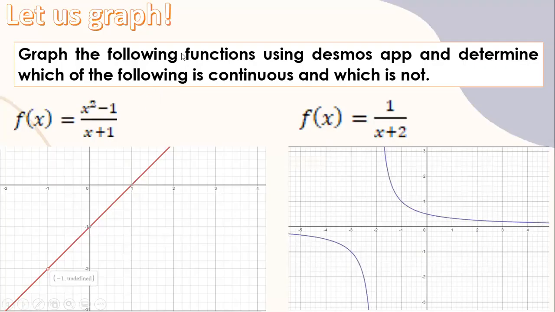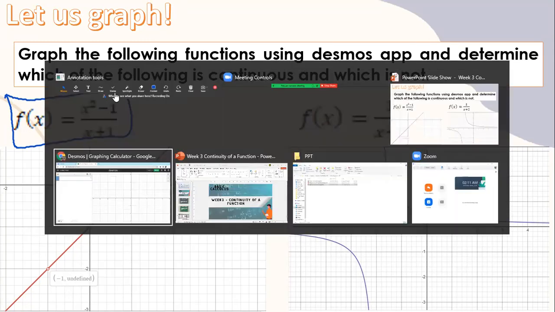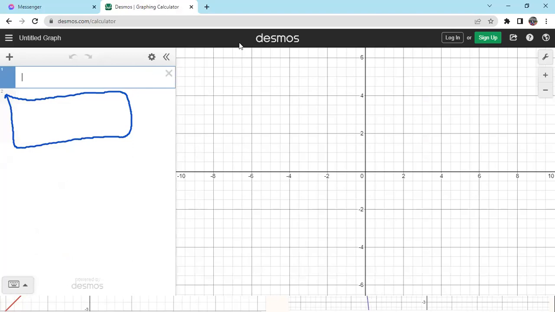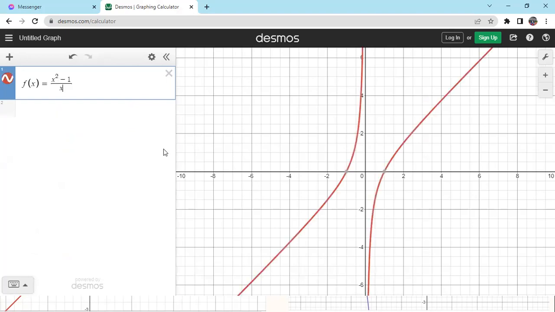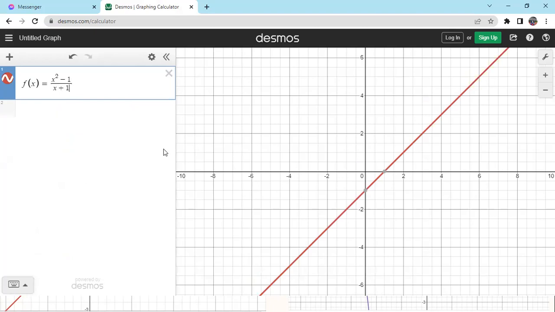We will simply type our function as is: f of x is equal to x squared minus 1 over x plus 1.